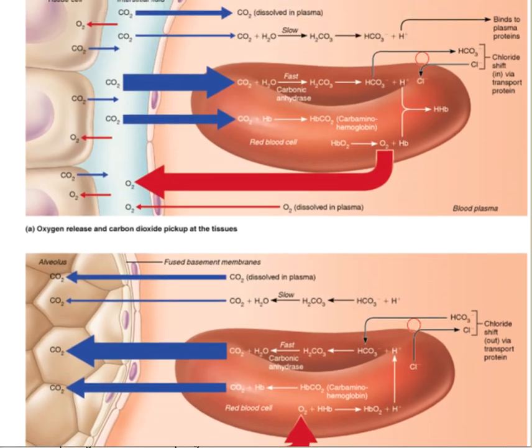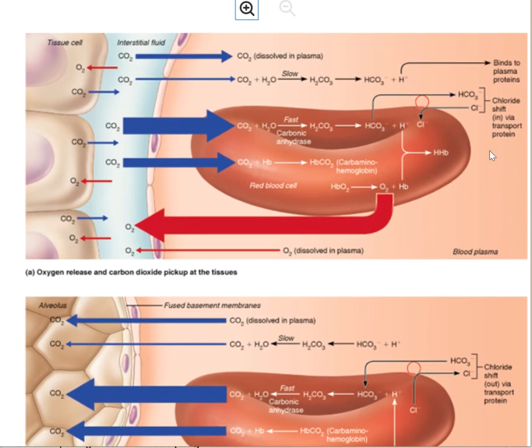Now, notice here, the exact same thing, but oxygen is leaving the hemoglobin, leaving the blood plasma, going into the tissues. Oxygen on the hemoglobin dissociates off of it and goes to where we have low oxygen. 98.5% of it goes into the interstitial fluid and then into the tissues, which are using a lot of oxygen.